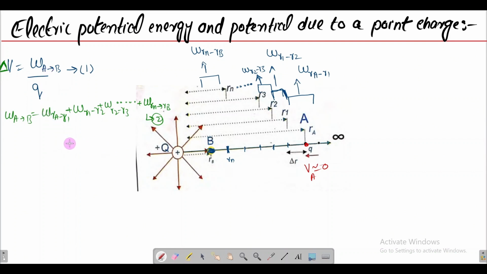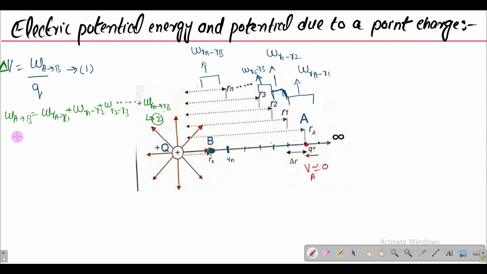So in order to find the work done from RA to R1, the work done in this case is equal to F dot del R. Del R is the distance and F is the force exerted. The force is exerted against the field of the source charge. Therefore, I put the negative sign here.